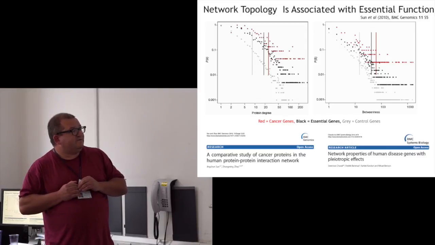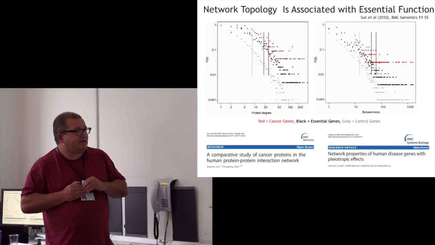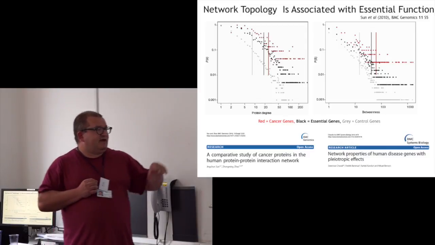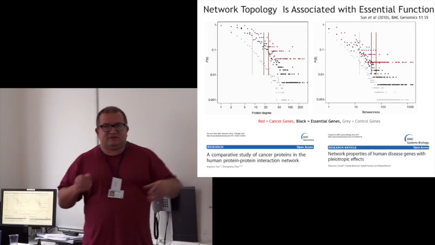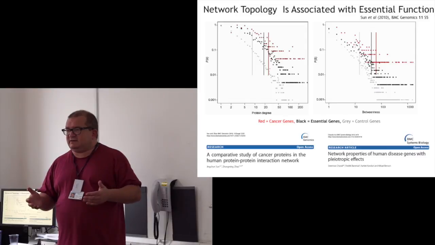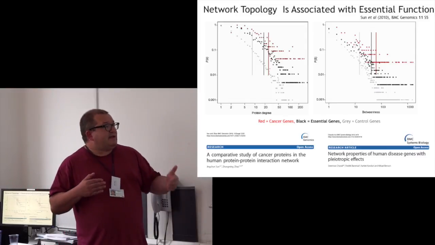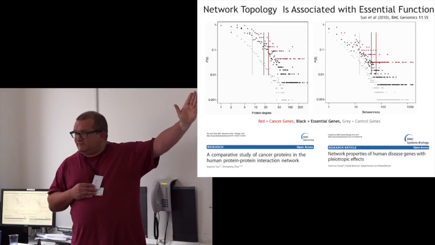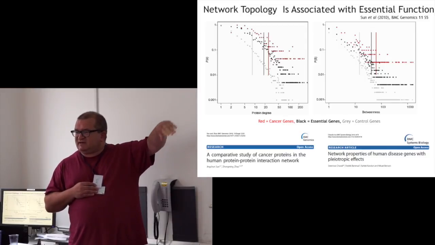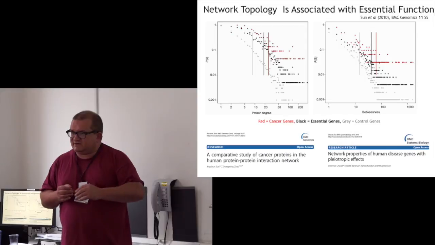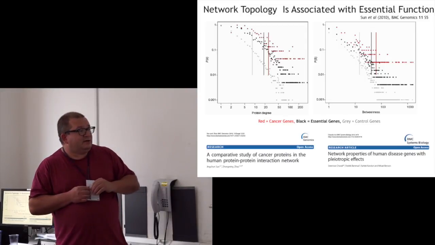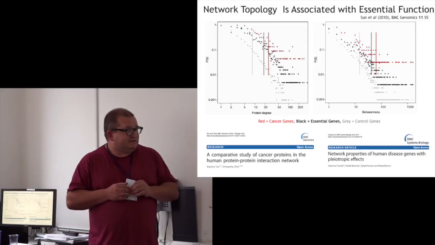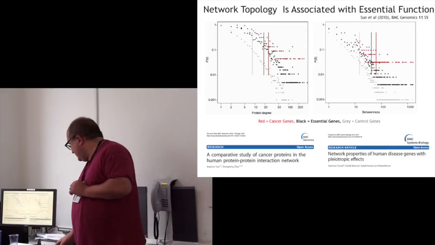If we look at genes that are associated with cancer, and genes defined here as essential genes, which are genes that we know are fatal if we knock them out in other animals, against control genes, we can see a shift. So we're seeing a shift of connectivity across the range of connections within the network. And the same with betweenness, which is another measure of network topology.